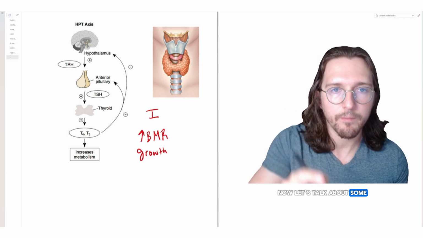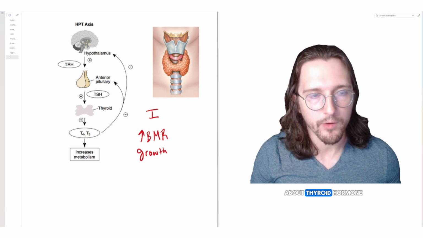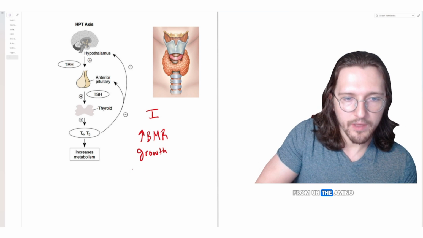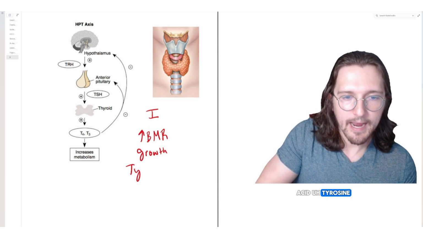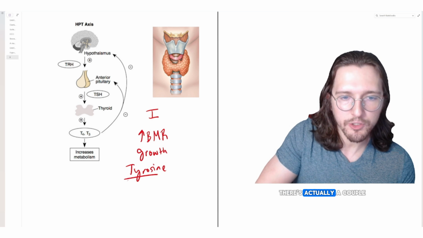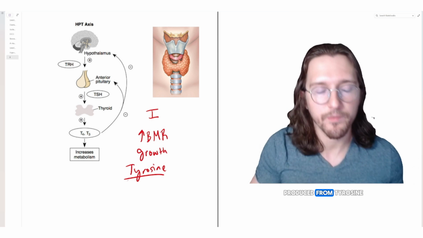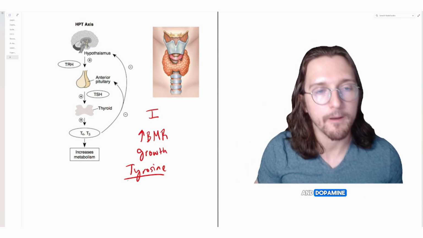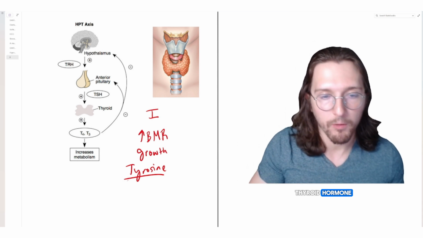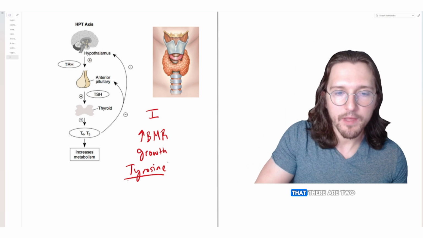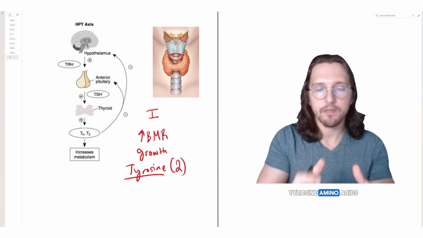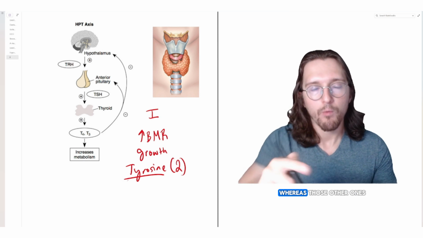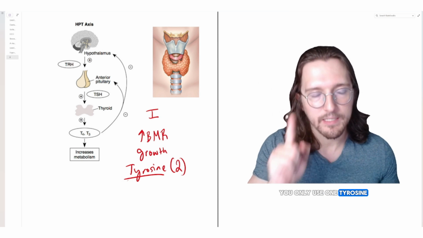Now let's talk about some important things to remember about thyroid hormone. First of all, this is actually produced from the amino acid tyrosine. So remember that there's actually a couple of hormones that are produced from tyrosine, including the catecholamines, so norepinephrine, epinephrine, and dopamine, but then there's also thyroid hormone. Now, what's important is that there are 2 tyrosine amino acids making up the structure of T4 and T3, whereas those other ones only use 1 tyrosine.